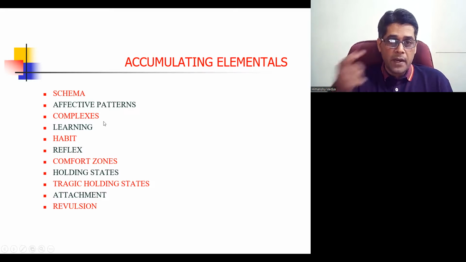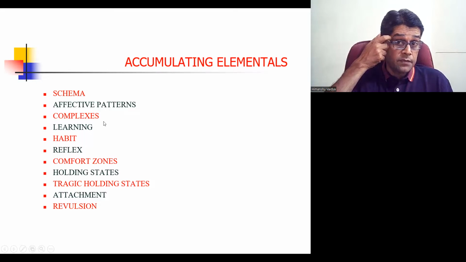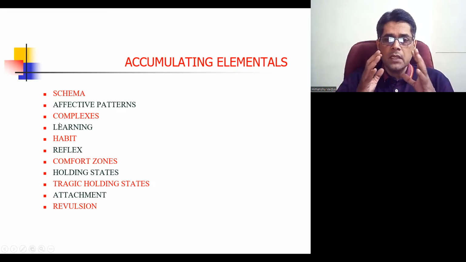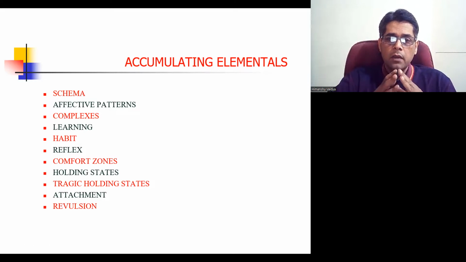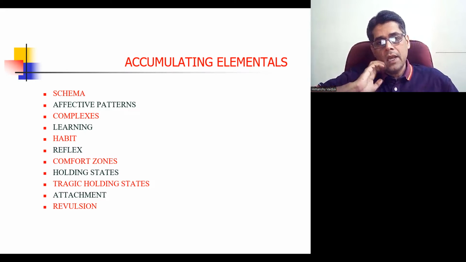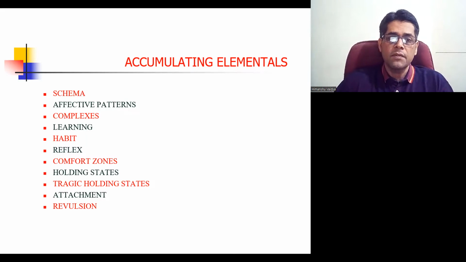And these affective patterns in a distorted way can be transferred onto something related to a traumatic element and create a problem. Complexes we realize, we accumulate; the complexes grow into branches and the branches into further sub branches as the complex develops itself.